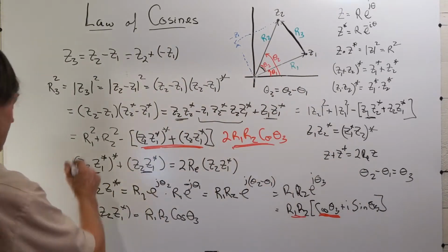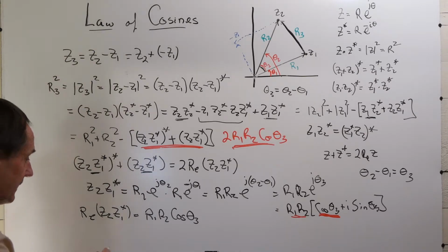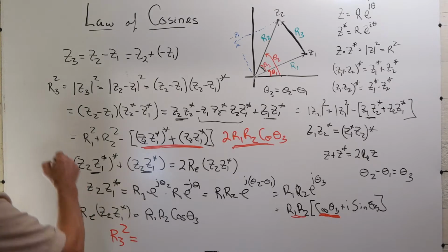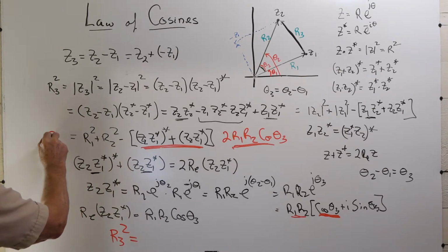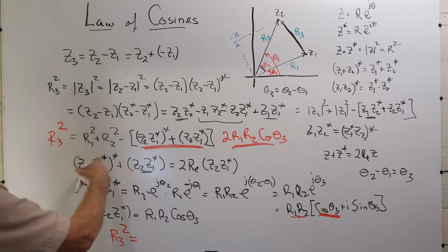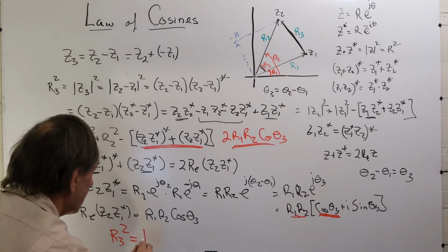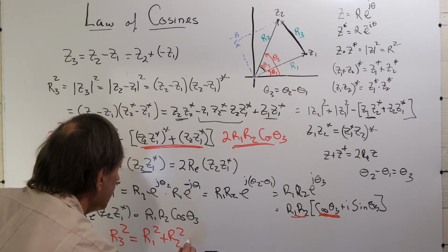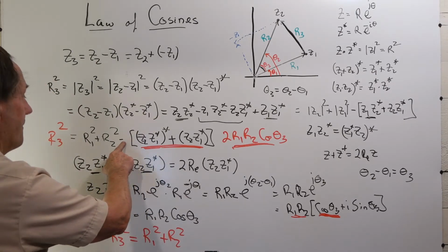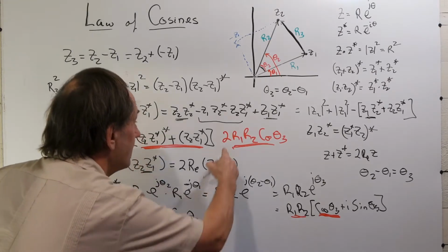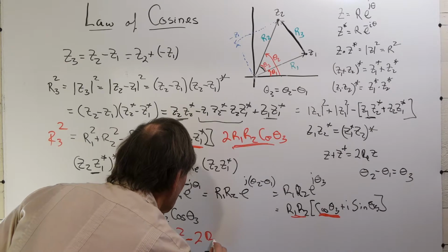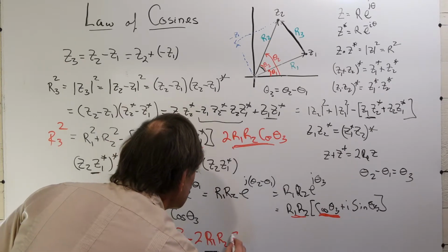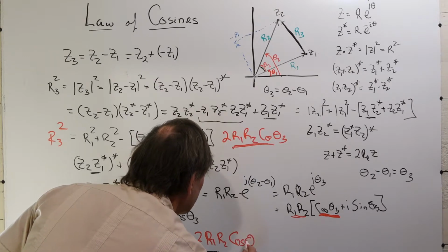So rewriting it, we have now R3 squared equals, this portion is R3 squared, and it's R1 squared plus R2 squared, and then we have a minus twice R1, R2 times the cosine of theta 3.